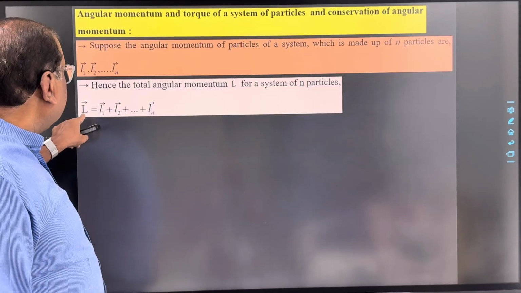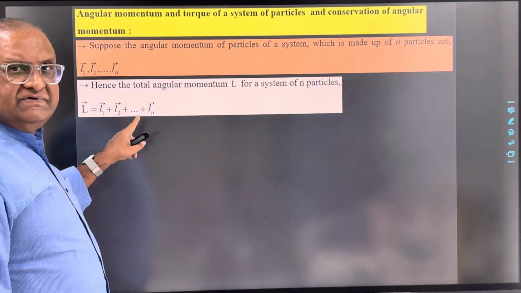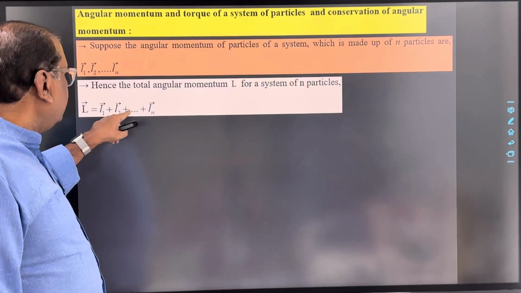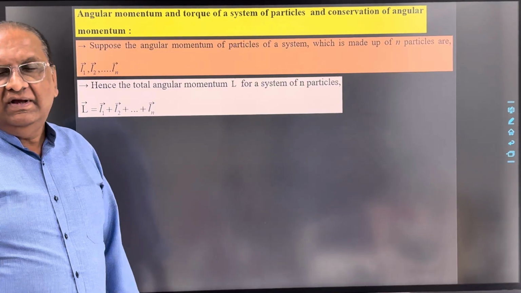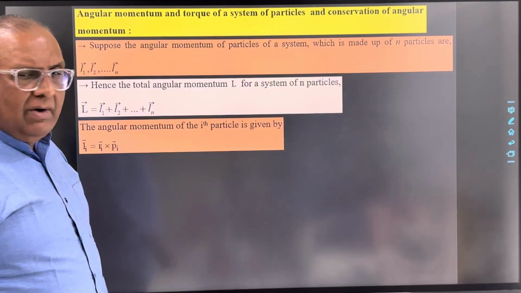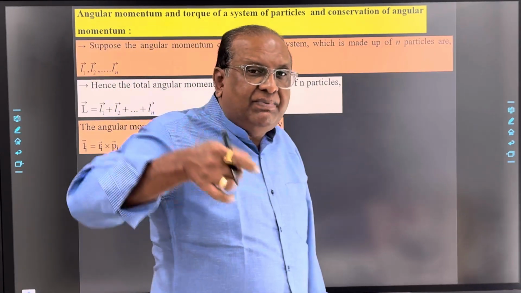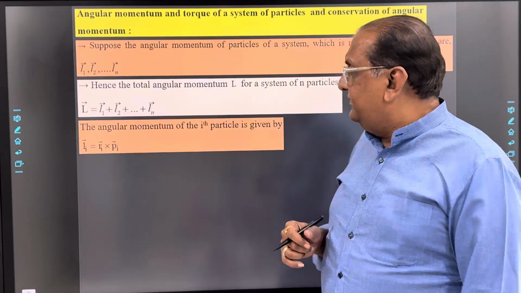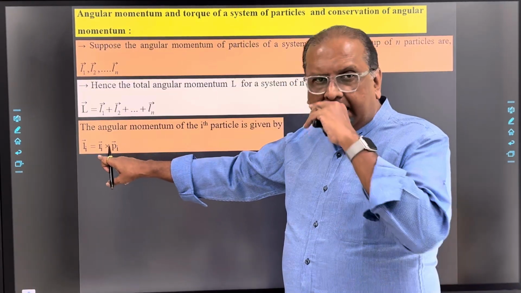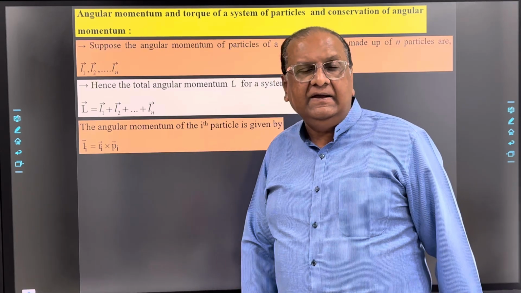So we can write the total angular momentum of a system of particles, capital L, that is L1 plus L2 plus L3 up to Ln. Now suppose the angular momentum of any ith particle is Li. So we can write Li equal to Ri cross Pi.